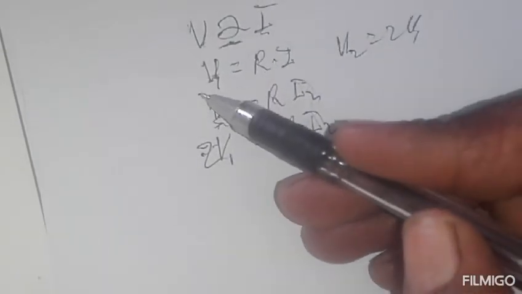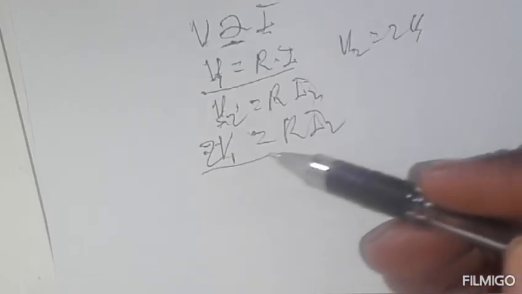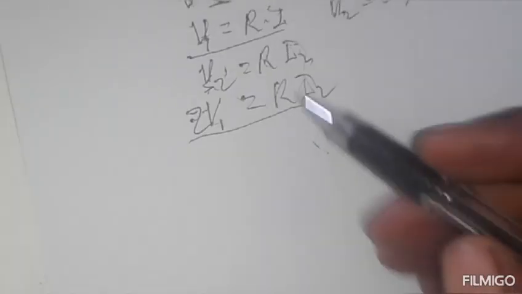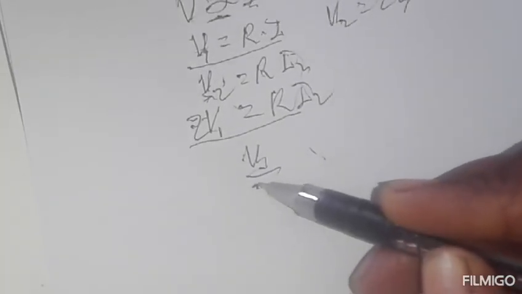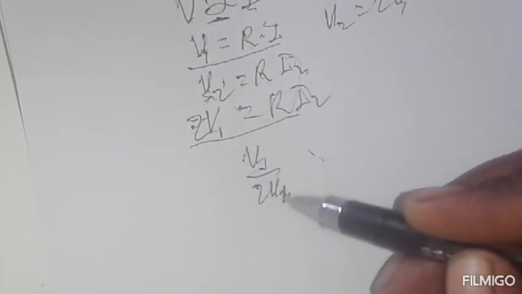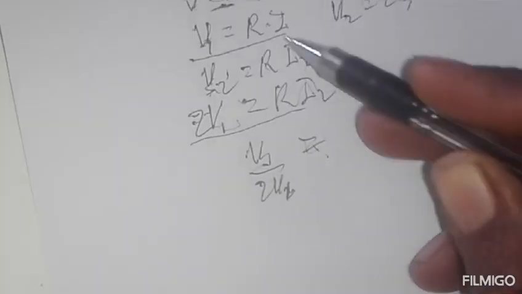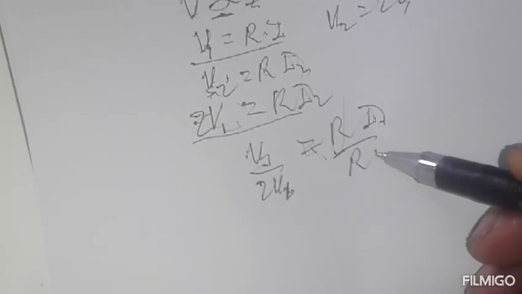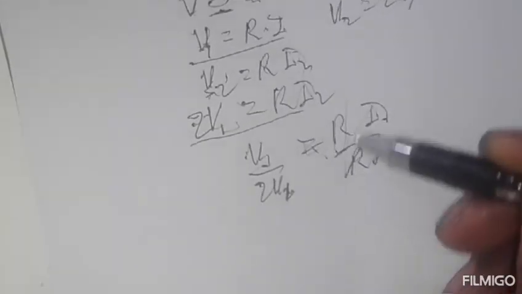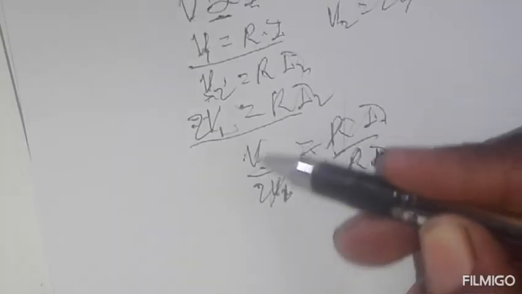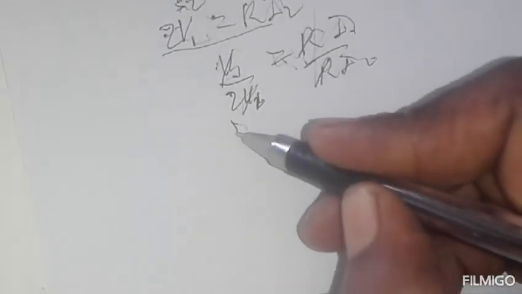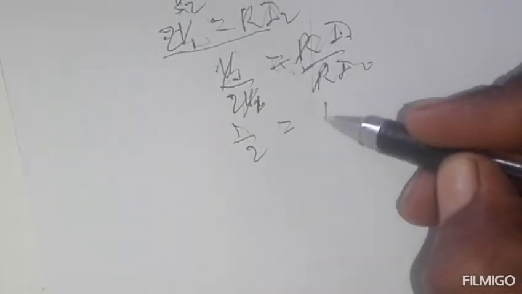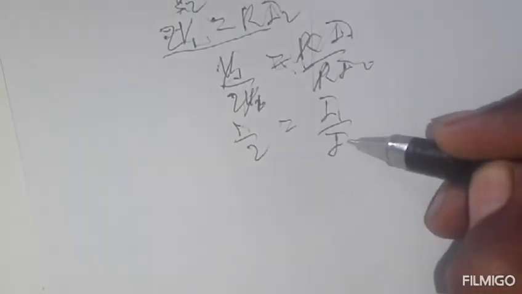Equating these, voltage 1 over twice voltage 1 is equal to resistance R times current 1 over resistance R times current 2. Resistance R cancels R, voltage 1 cancels voltage 1. What's left? 1 over 2 is equal to current 1 over current 2.